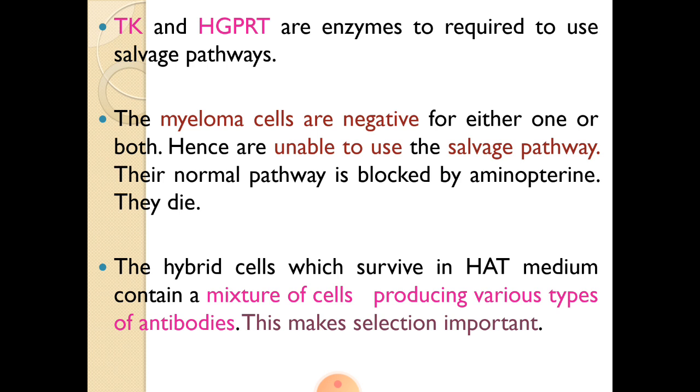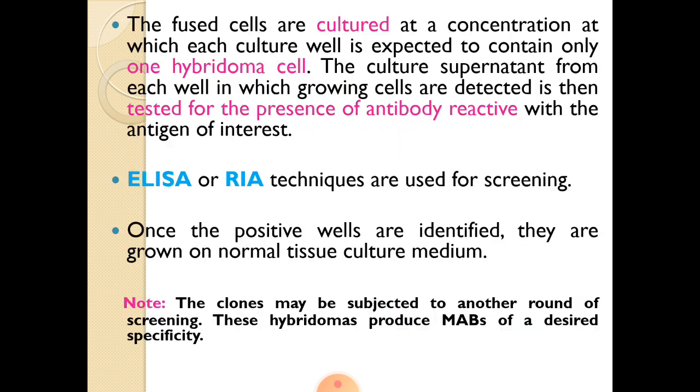so they die. The hybrid cells, which survive in HAT medium, contain a mixture of cells producing various types of antibodies, and therefore this makes selection important. The fused cells are cultured at a concentration at which one culture well is expected to contain only one hybridoma cell.